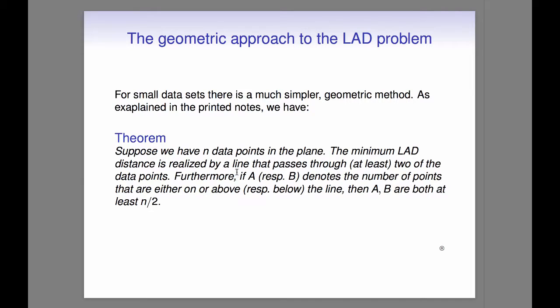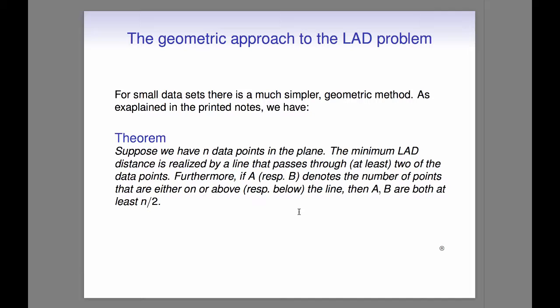The idea is that if you've got n data points in the plane, then the solution to the LAD problem is attained by a line that passes through at least two of the data points, and moreover, this line must split the points so that there's half above and half below.